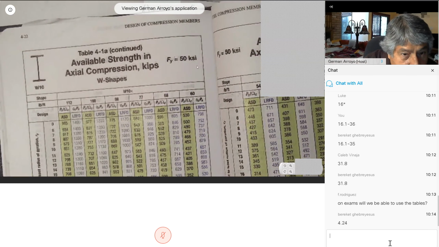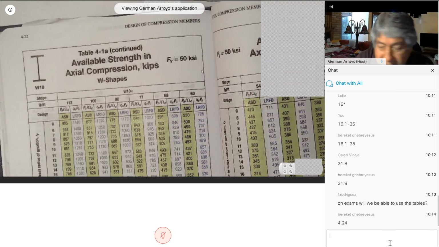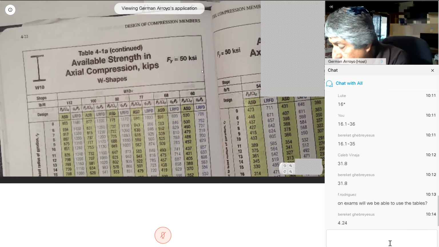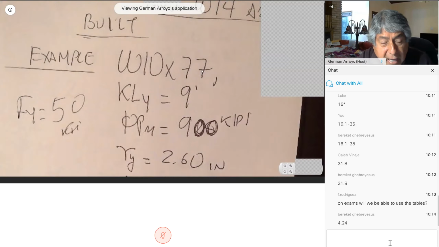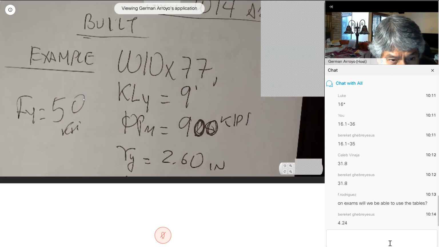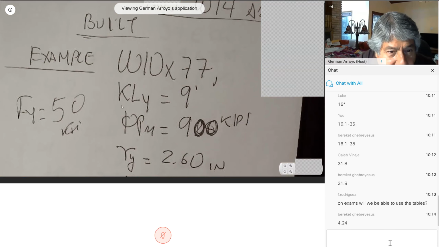It's very easy to get confused. The tables look the same, but they are for different types of steel. This is for 50. And the way we use this table for the example that I have here is KLY. KLY has to be in feet. So KLY, W10 by 77, and Fy 50.